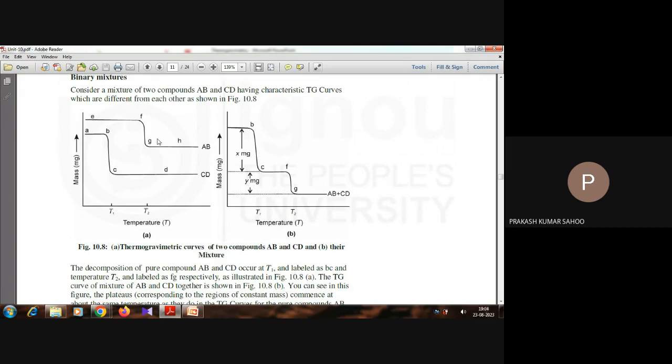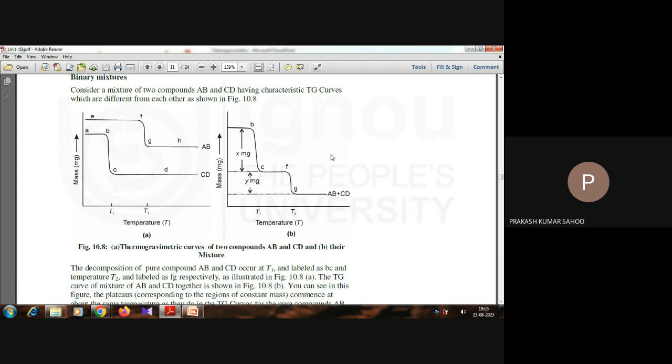This is when AB and CD separately undergo TGA, and this is the mixture when AB plus CD undergoes TGA. Then we have the loss of X milligram from B to C and loss of Y milligram from C to G.